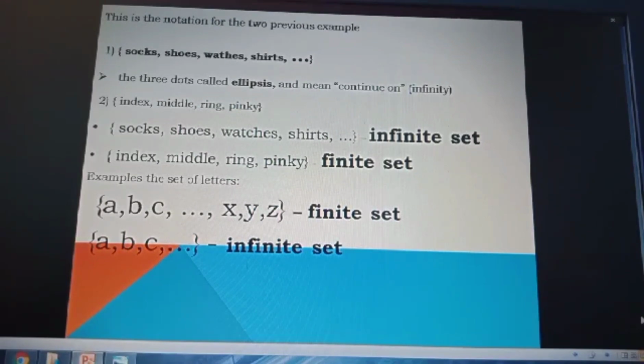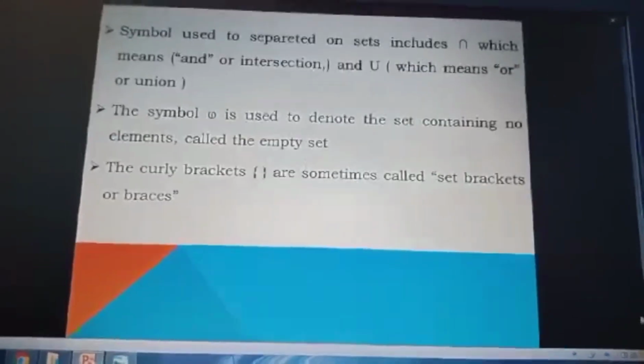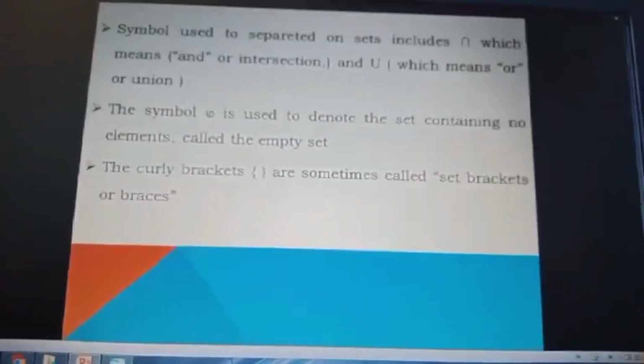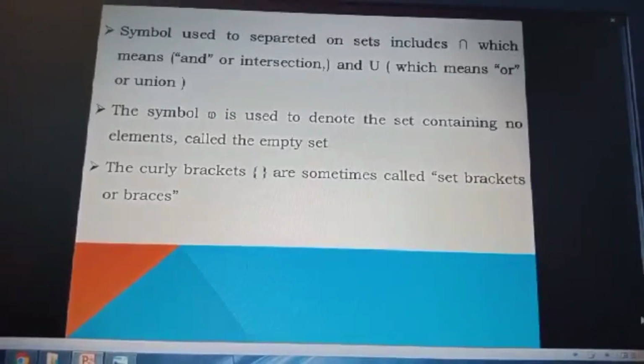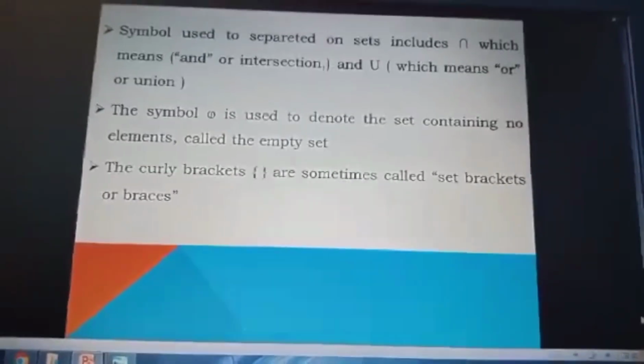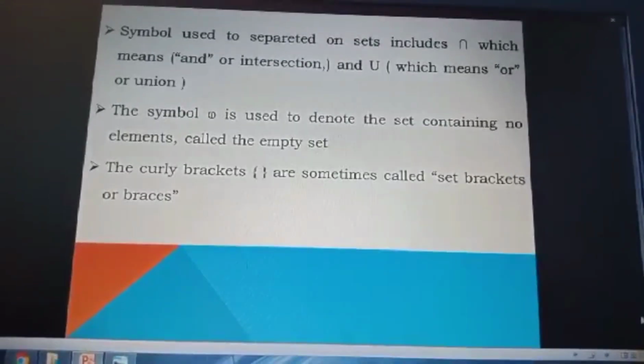Example of a set of letters: {a, b, c, ..., x, y, z} is a finite set, and {a, b, c, ...} is an infinite set. Symbols used to combine sets include ∩, which means and or intersection, and ∪, which means or union.